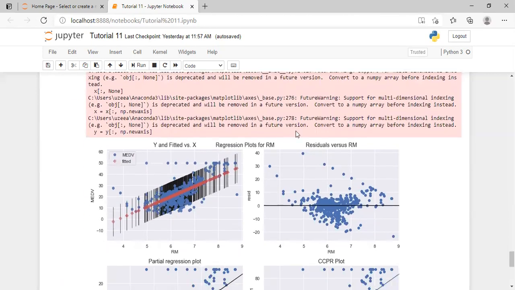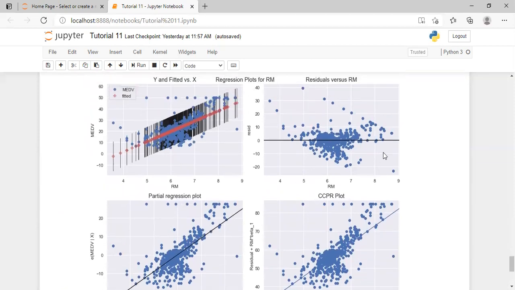Okay, next I am plotting some plots. As you can see, this is the regression on MEDV, which is the house price prediction, and this is the RM, the number of rooms, which is discrete, and these are the MEDV prices.